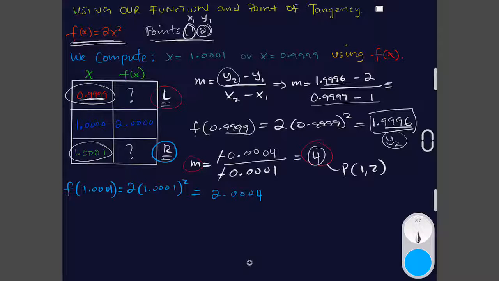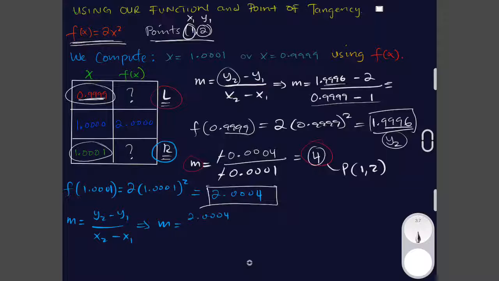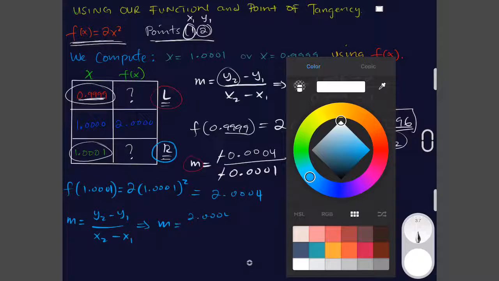And if we use our equation where m is equal to y2 minus y1 all over x2 minus x1, we apply that: m is equal to 2.0004, the value of our function, which is y2.